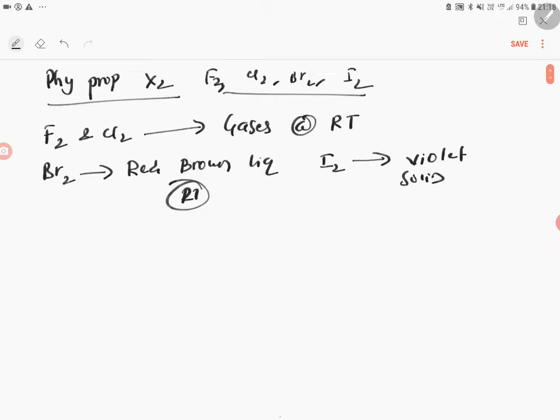What is the reason? Why is the physical state changing from gases to solids?